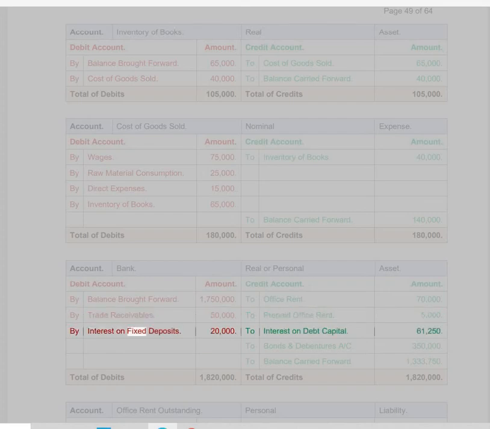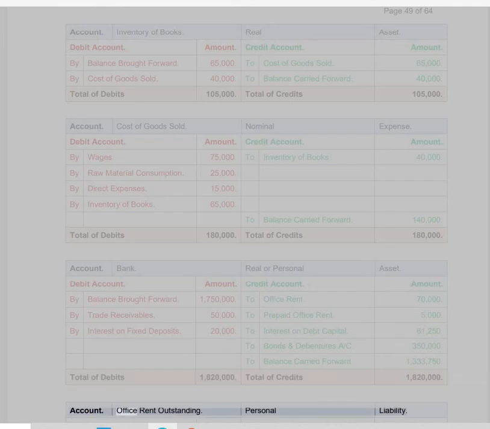By interest on fixed deposits, 20,000. To interest on debt capital, 61,250. To bonds and debentures AC, 350,000. To balance carried forward, 1,333,750, total of debits 1,820,000. Total of credits 1,820,000.